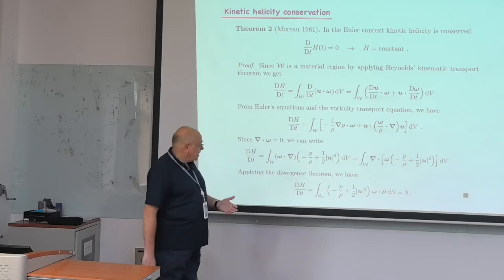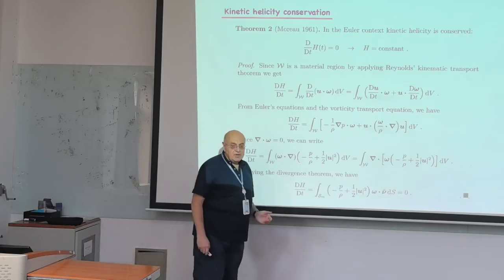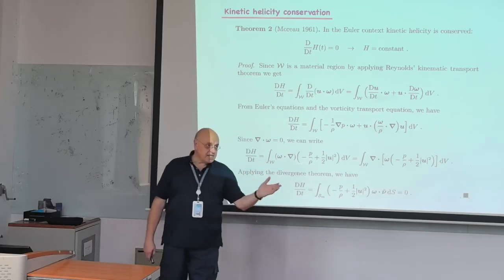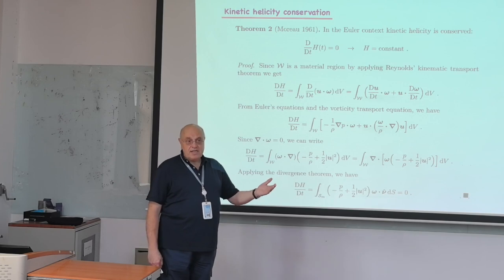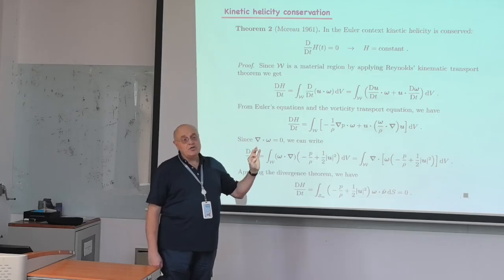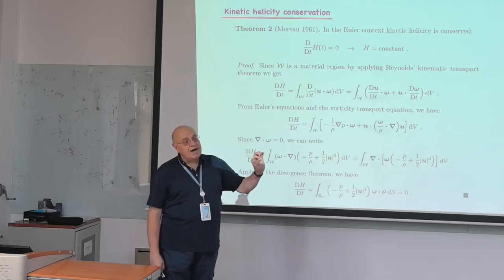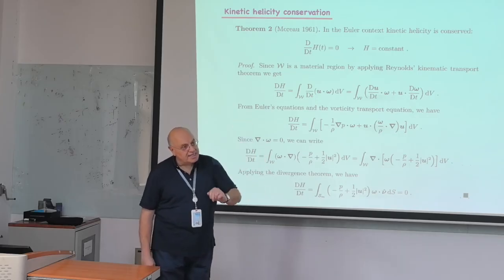What you get is that the change in time of helicity, both magnetic and kinetic, will be expressed in terms of dissipative quantities, viscosity or resistivity, and you can show that the derivative has a minus sign, is going down.